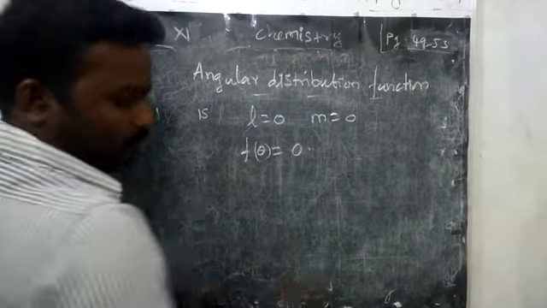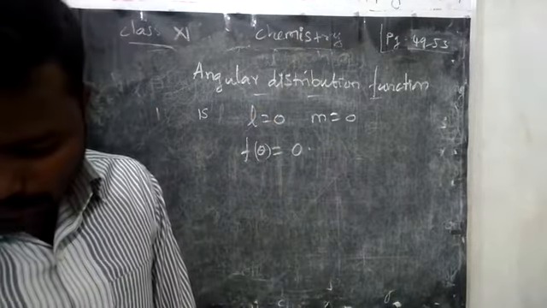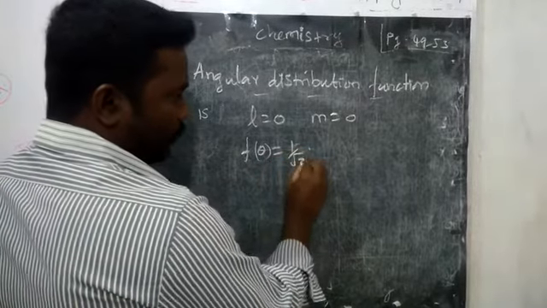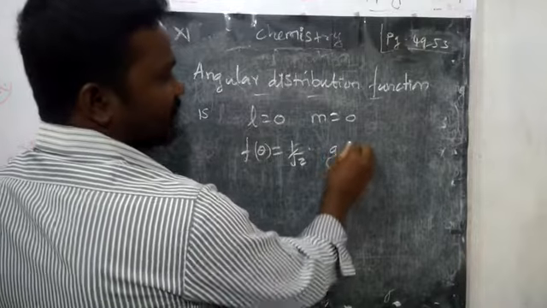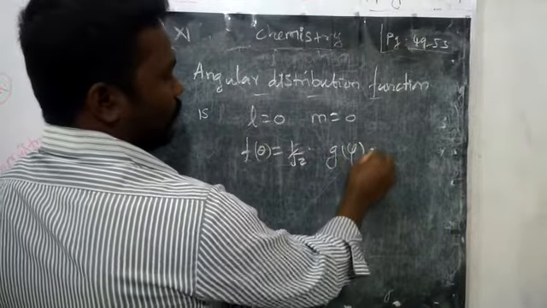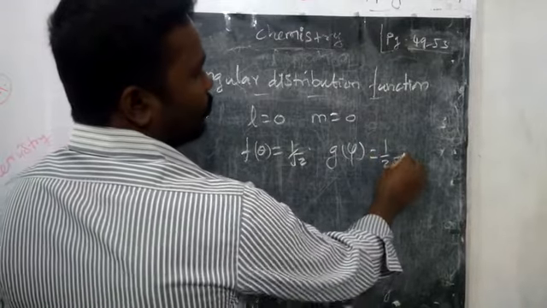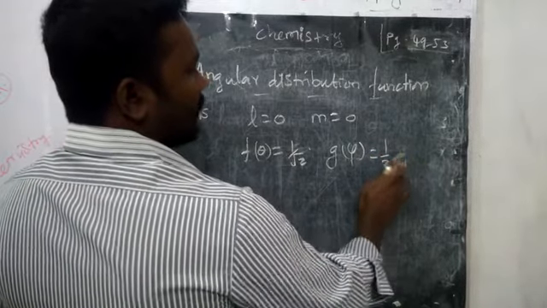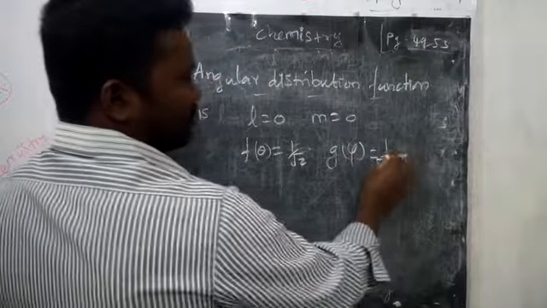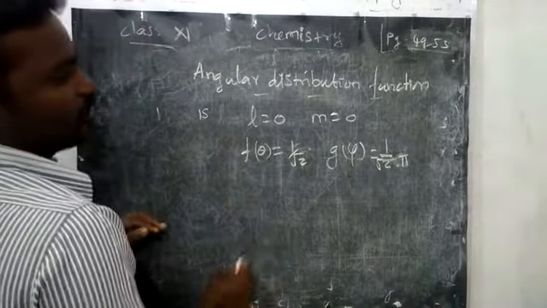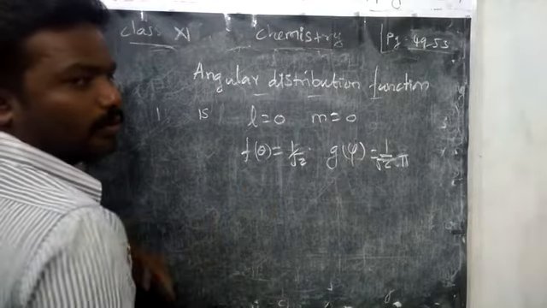The psi value is equal to 1 by 2 root pi. Now the angular distribution function is only 1 by 2 root pi.